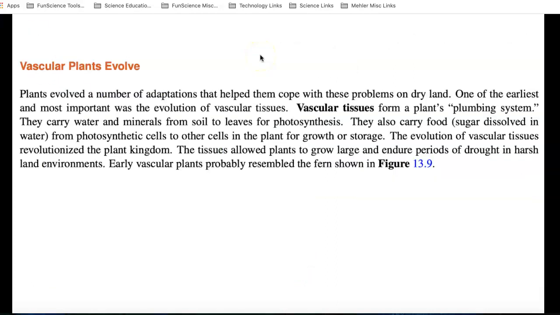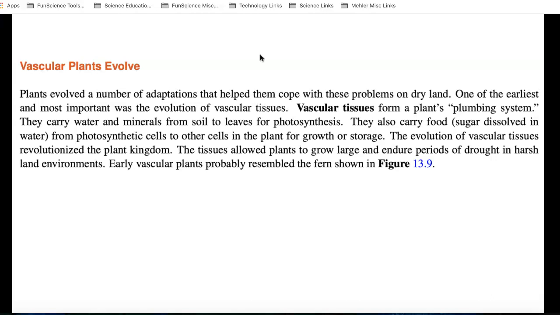So as I mentioned, plants evolved a number of adaptations that help them cope with the problems of living on dry land. One of the earliest and most important was the evolution of vascular tissue. Vascular tissue forms a plant's plumbing system. It carries water and minerals from deep in the soil to leaves for photosynthesis. Remember, the leaves are on the top where the sunlight is, but they need the water and the minerals from the soil.